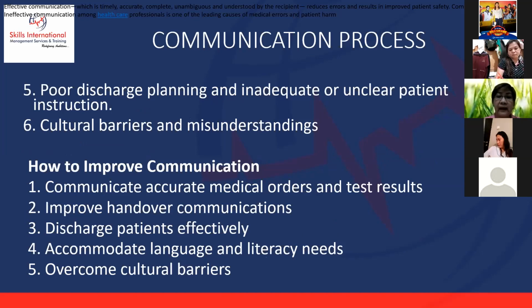You have to give them proper timing, for instance, this medicine is to be taken 3 times a day. So instruct the patient properly during discharge planning that this medication is to be taken after the food, or unclear patient instruction will make an error-prone communication.